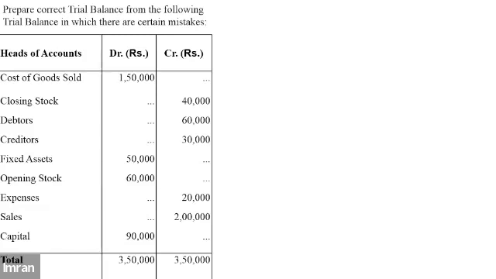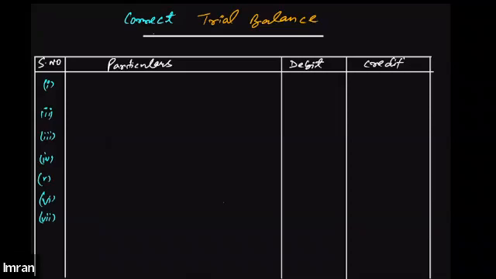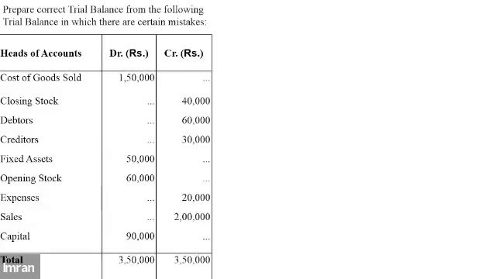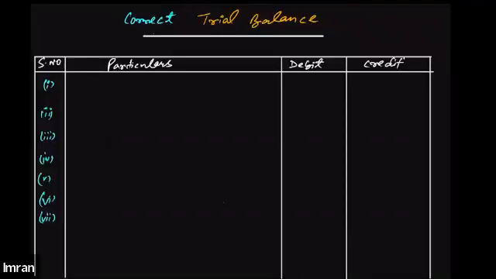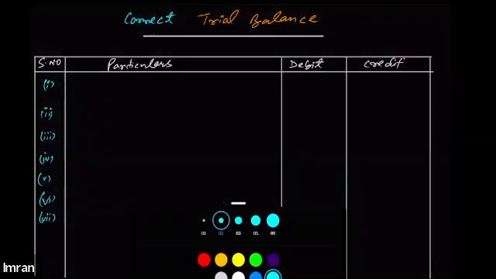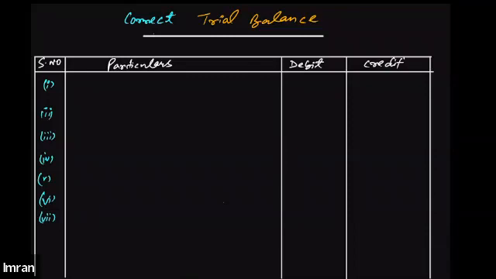No idea. Cost of goods sold is an expense, and expense needs to be recorded on the debit side, and it has been recorded on the debit side itself. So that means there is no mistake while recording the cost of goods sold in the trial balance. So we will also record that on the debit side itself.